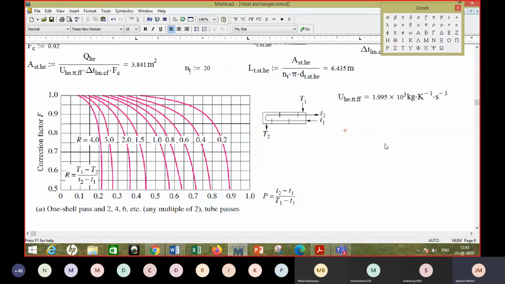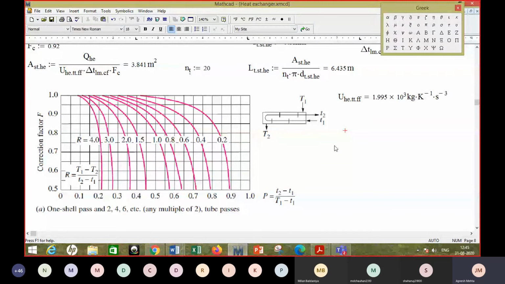The most important thing in the design would be the heat exchange area, and you have to provide enough heat exchange area so that whatever parameters are defined for the process, you are able to achieve them. Let's say in this case, you want to provide cooling to hot water, so when it enters at 90 and you want the temperature to reduce to 60, the given heat exchanger should be able to do that job. Okay, so this is the LMTD approach.